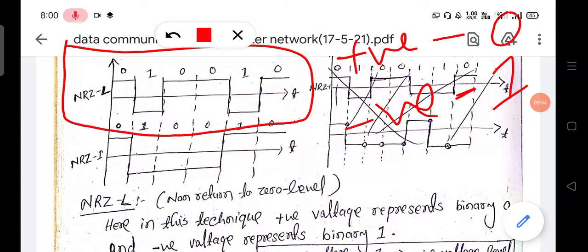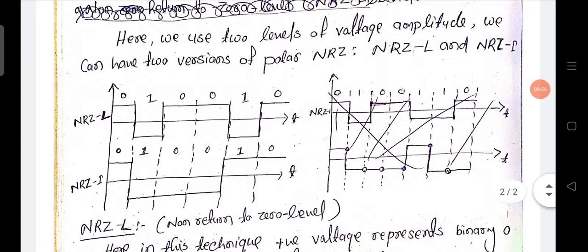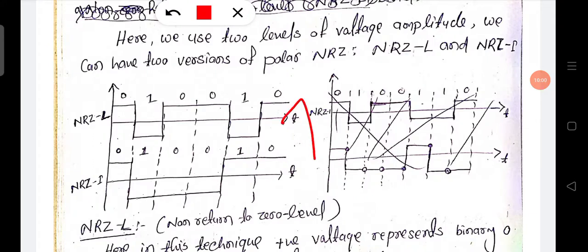That means 1 is represented by negative voltage.